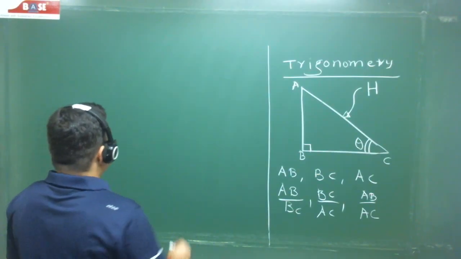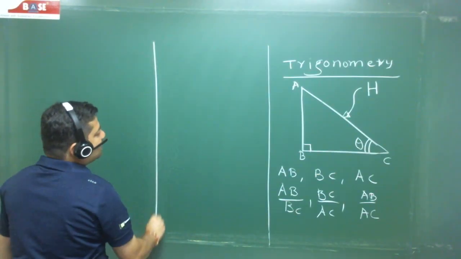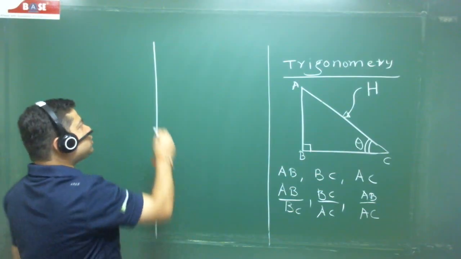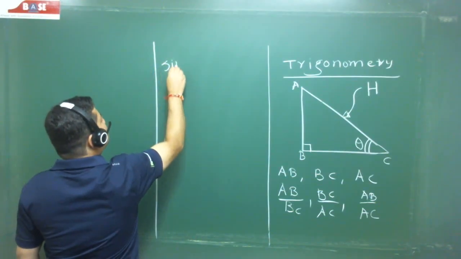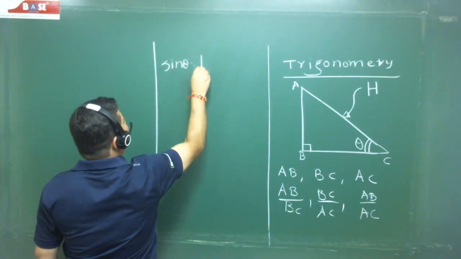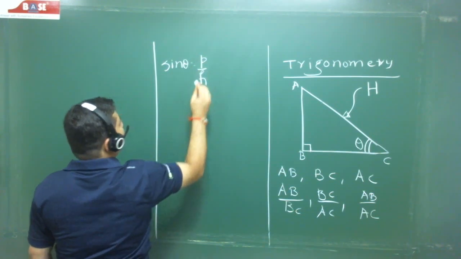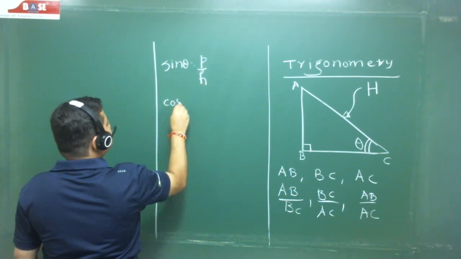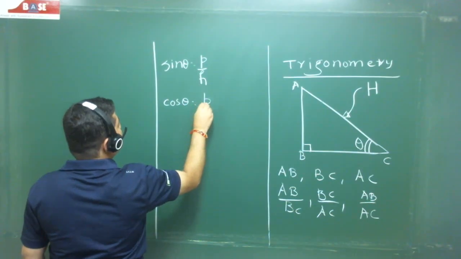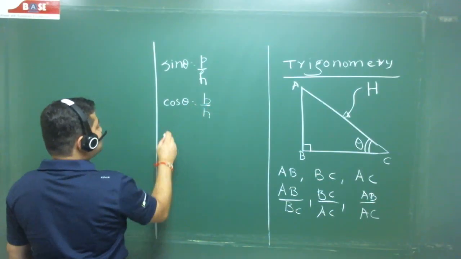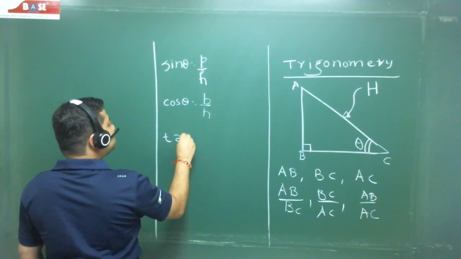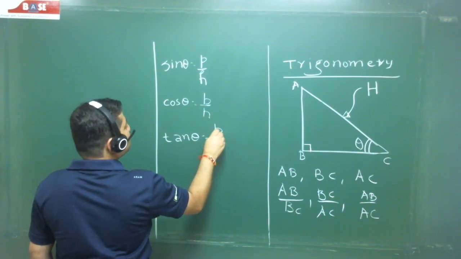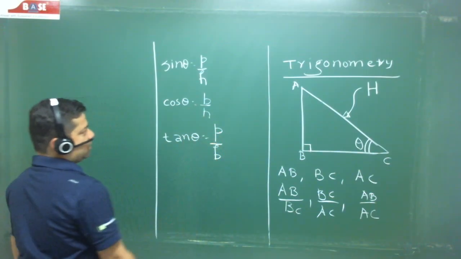So if you talk about that part, what will you get? Sine theta, as I told, is perpendicular by hypotenuse. Cos theta will be base by hypotenuse. Tan theta will be perpendicular by base.